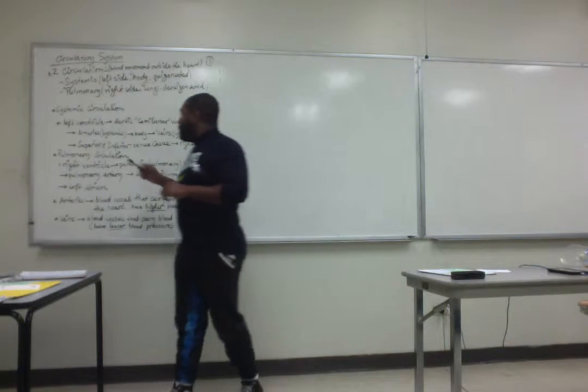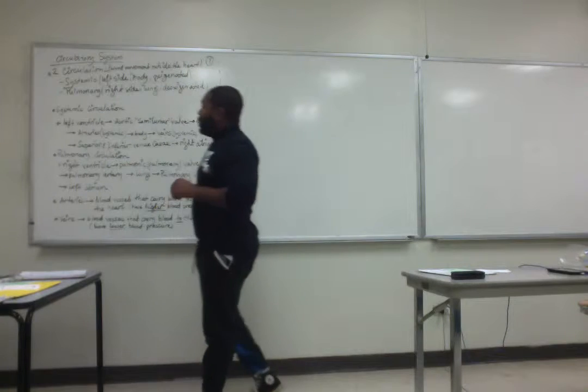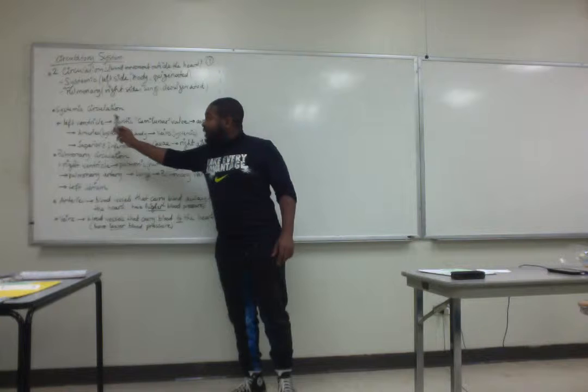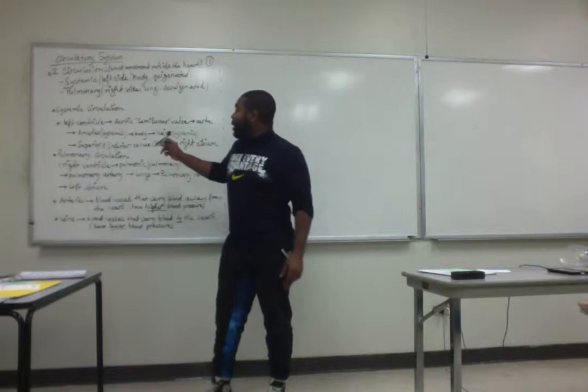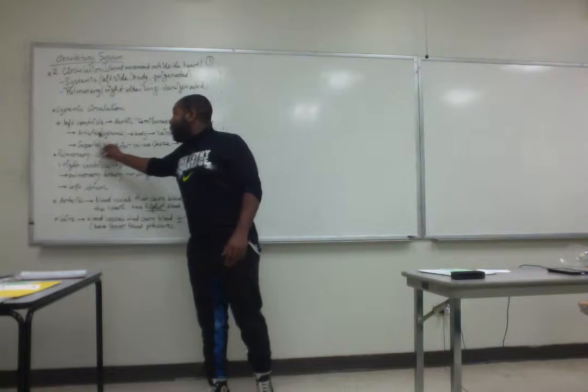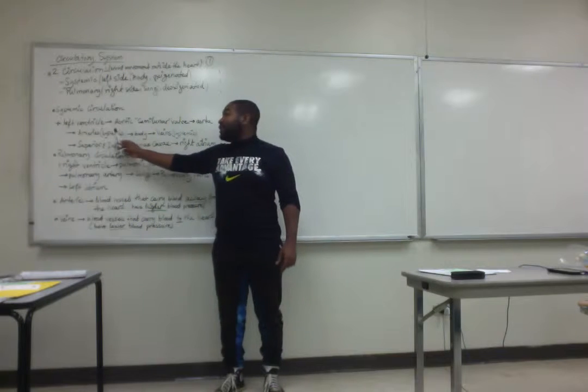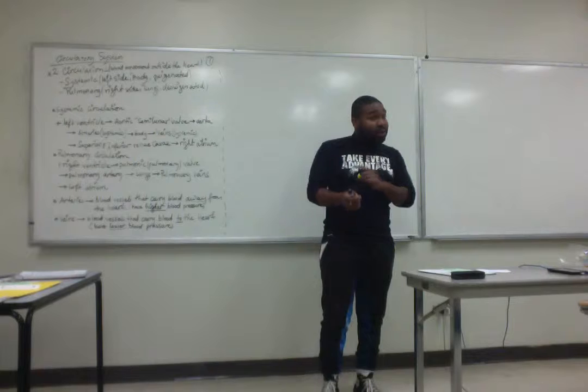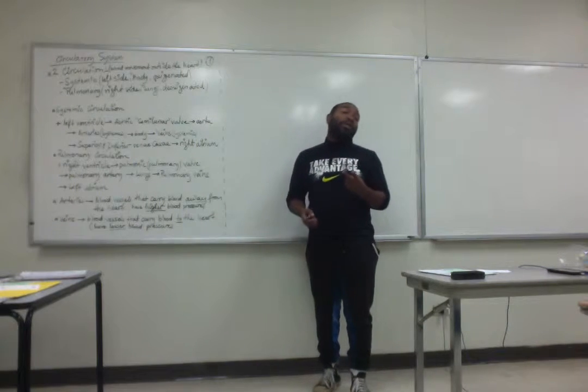Alright, so when I said systemic circulation, when I put arteries, you see I put in parentheses systemic arteries, because there are two kinds of arteries. There are the systemic arteries and the pulmonary arteries.